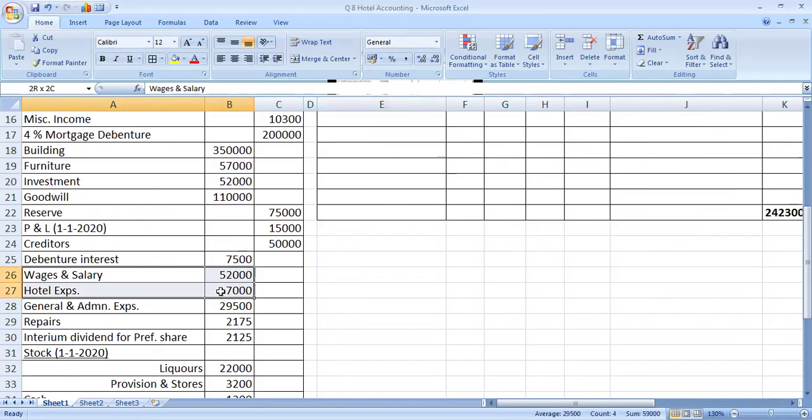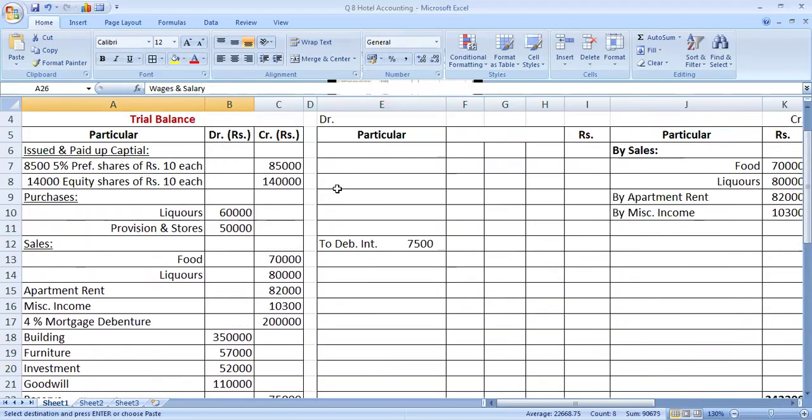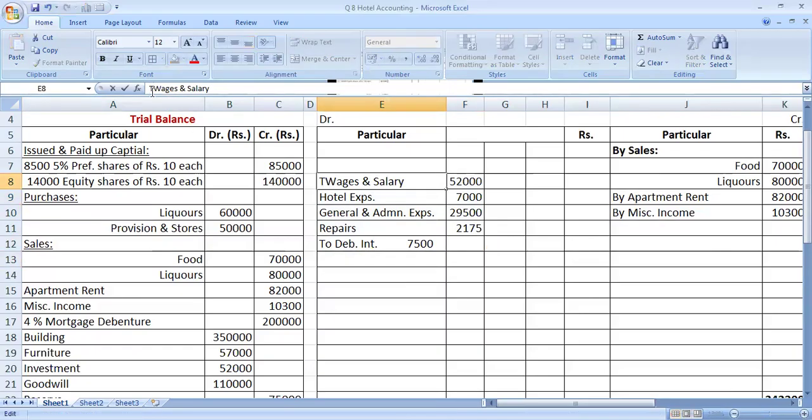Wages and salary, hotel expenses, general and administration expenses, repairs. These are all items of profit and loss account. To wages and salary 52,000.